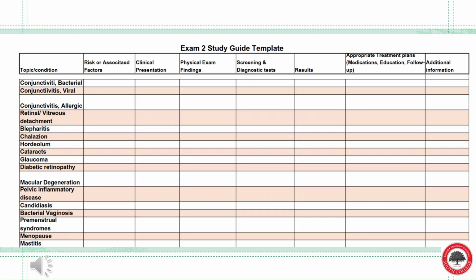But I highly recommend that you approach your studies focusing on the problems and their risk, symptoms, clinical presentation, screening and diagnostic testing, diagnostic criteria, and treatment options. Understanding the content in this way will help you in your clinical practice and the course exams, and also as you prepare for your board exams.